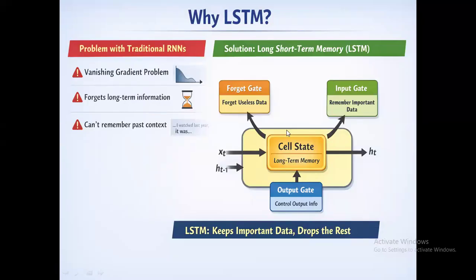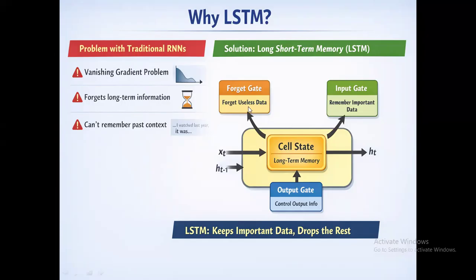On one side, it highlights that standard RNNs suffer from the vanishing gradient problem, causing them to forget earlier information as the sequence becomes longer. This makes them poor at handling long-term dependencies. On the other side, the image shows that LSTM overcomes this issue using a special memory structure called the cell state and three gates.